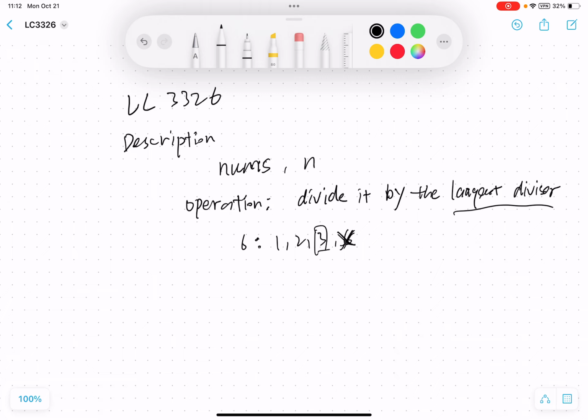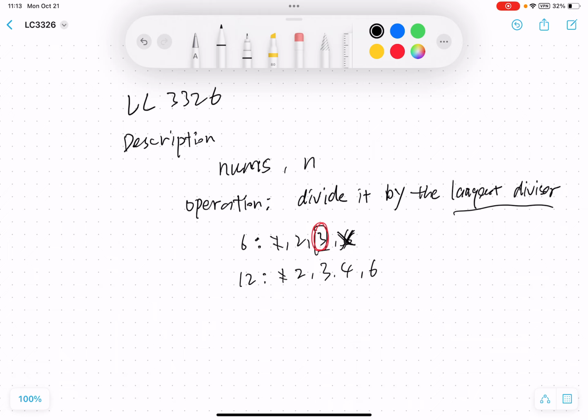So the largest divisor is 3. For another example, 12: the divisors include 1. Actually, 1 doesn't have any meaning, we don't need that. So for the number 12, the divisors include 2, 3, 4, 6.